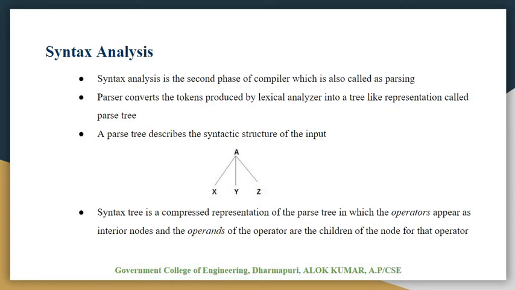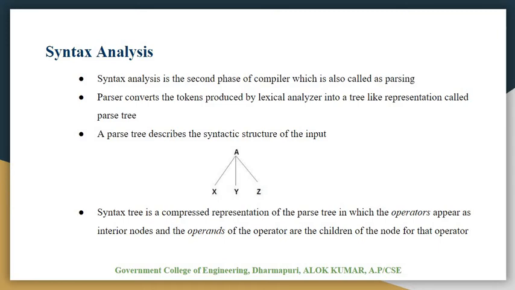Syntax analysis is the second phase of compiler, which is also called parsing. The parser converts the tokens produced by the lexical analyzer into a tree-like representation that we call a parse tree. The parse tree describes the syntactic structure of the input.